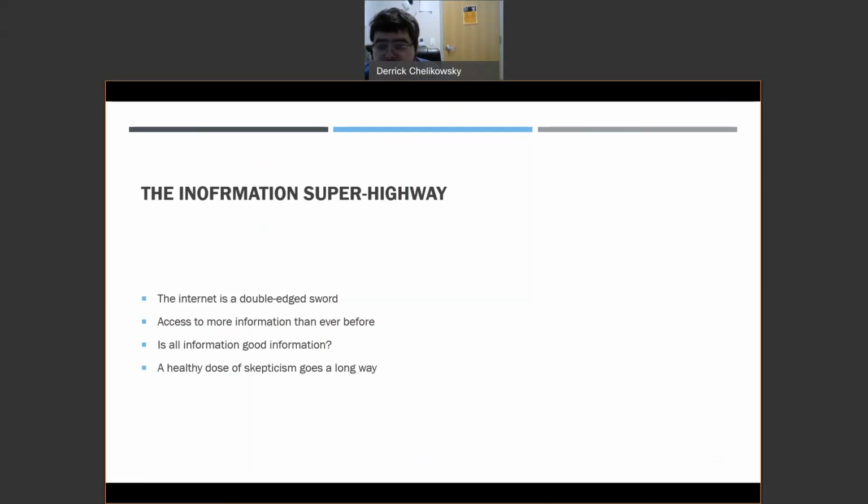This is good, but not all information is good information. When we're on the internet, we want to have a healthy dose of skepticism because a lot of times certain sources are not going to be good sources, especially when we get into more opinion-based sources rather than fact-based sources.